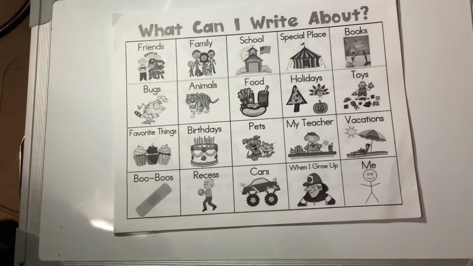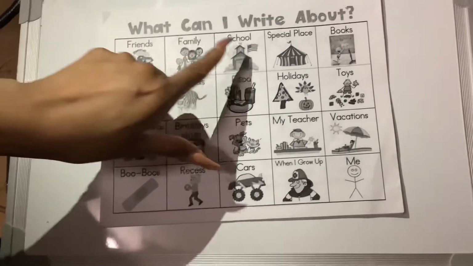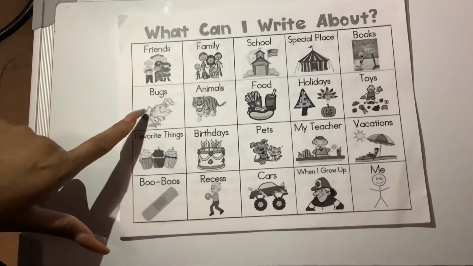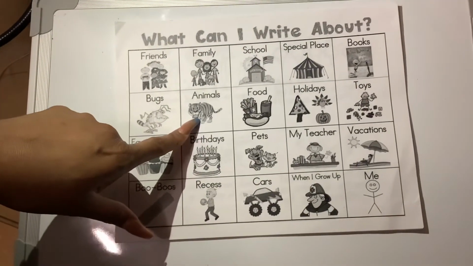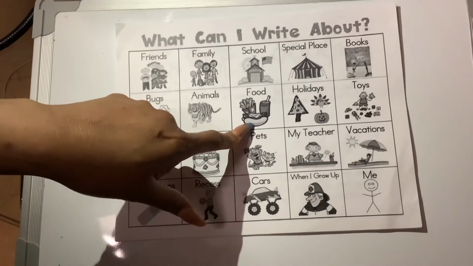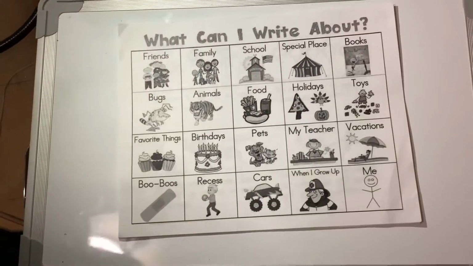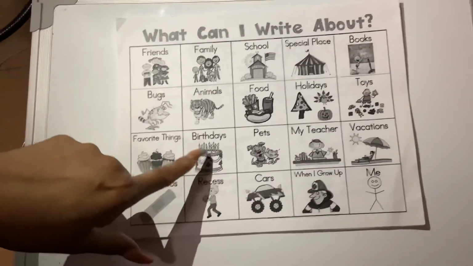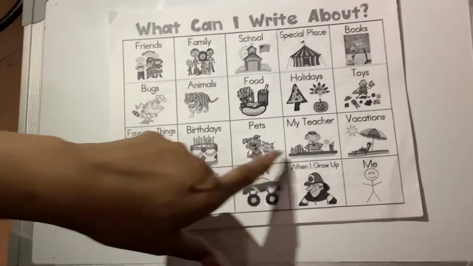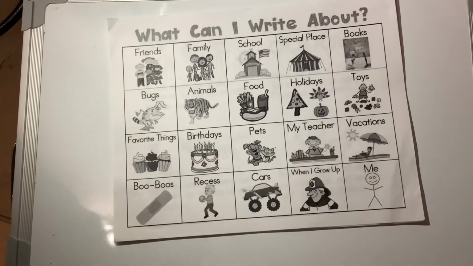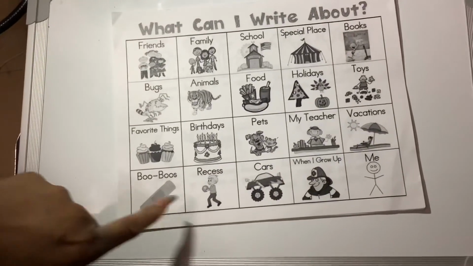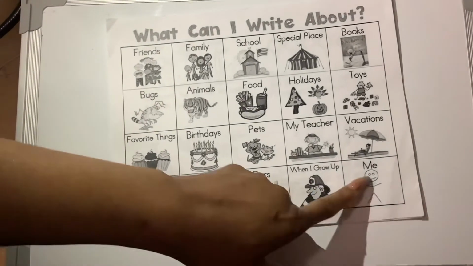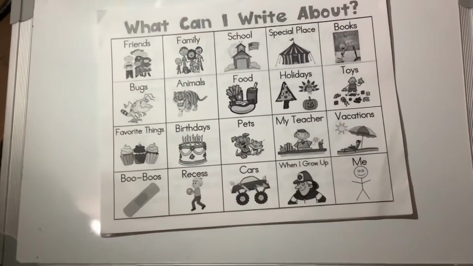Remember, you can write to teach about a friend, family, school, a special place, maybe a book that you've read, bugs, or any other animals, food that you like and love, holidays that you've shared with family, toys, favorite things, maybe a birthday, pets, your teacher, vacation that you've been on, a boo-boo that you've gotten, recess, cars, what you want to be when you grow up, or even teach all about yourself.